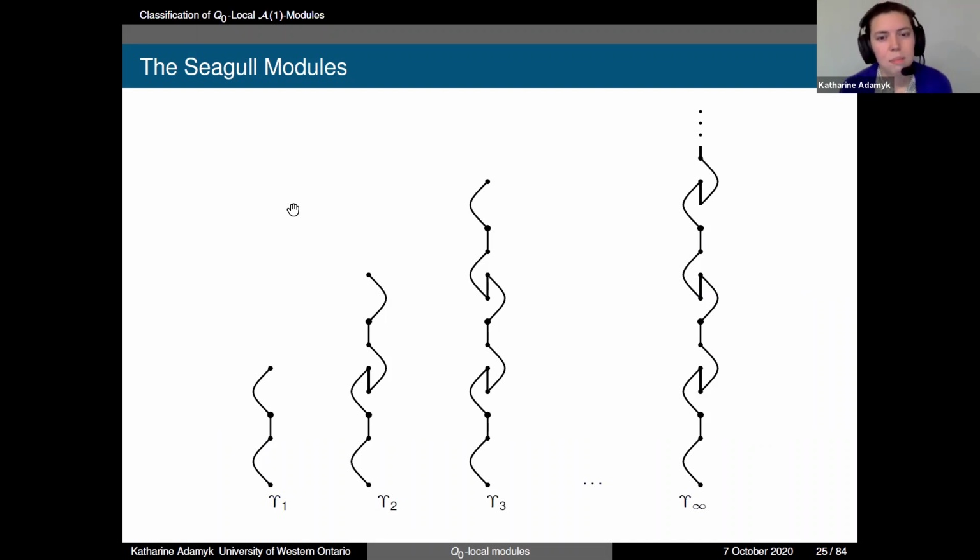Because the maps between the free parts are going to be trivial in the stable category. And I think you're going to be pretty limited in the ways that you can map one seagull into the other. I would have to think more about this before giving a coherent answer.